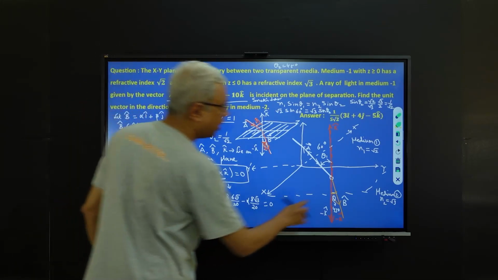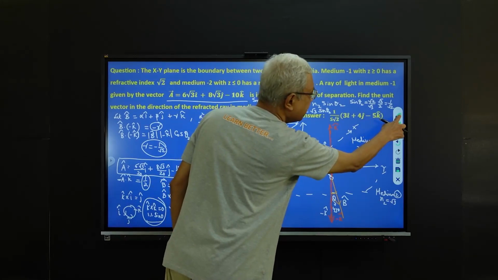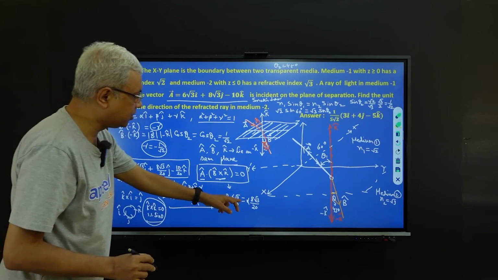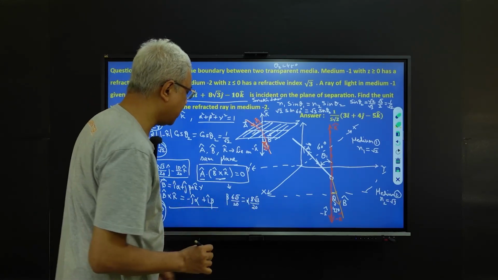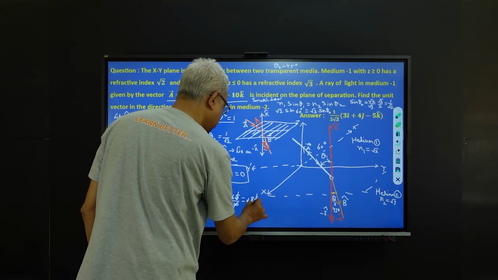That means I can write this 6 root 3 by 20 beta is equal to 8 root 3 by 20 alpha. Therefore the root 3 by 20 cancel.